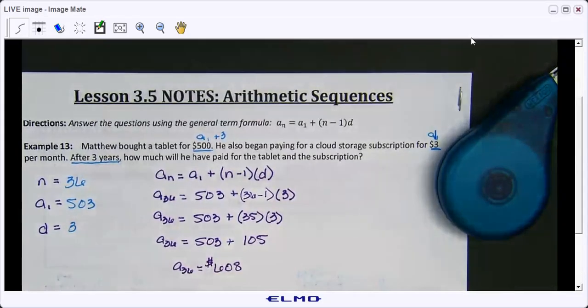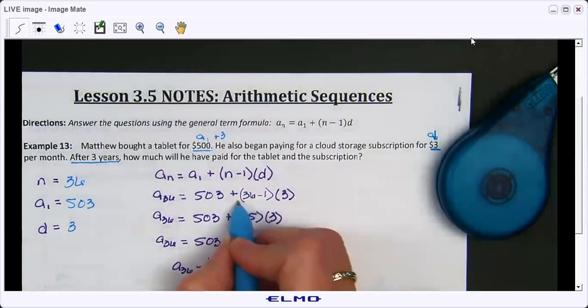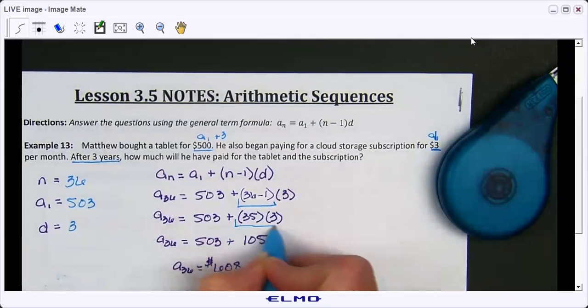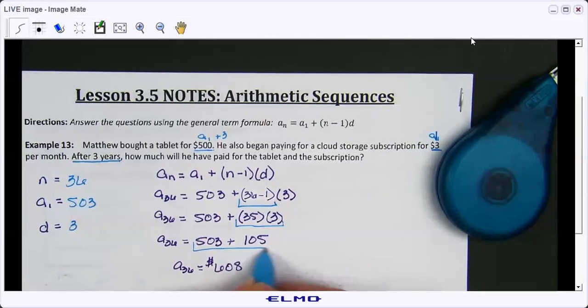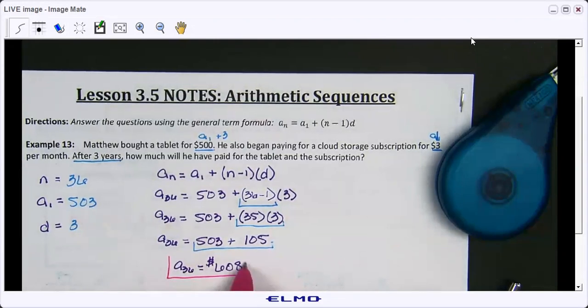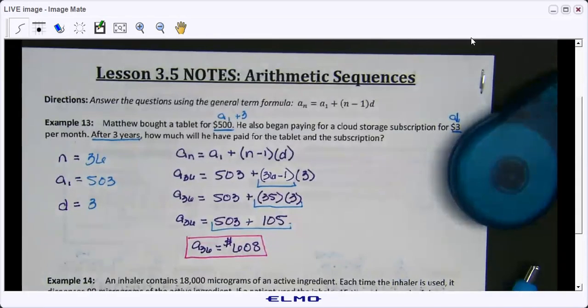Don't forget your units at the end. So at the end of 36 months, he should have paid $608. You have to put the dollar sign on there, because it's units.